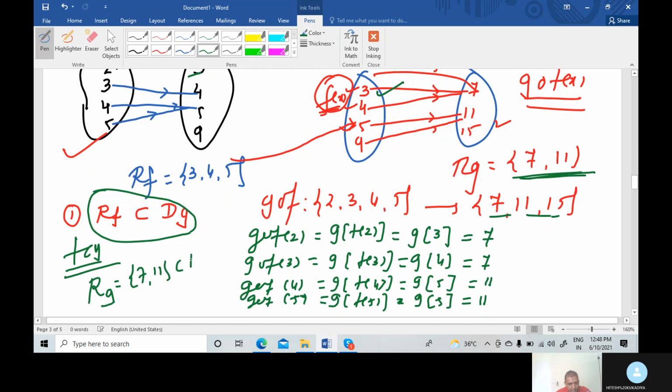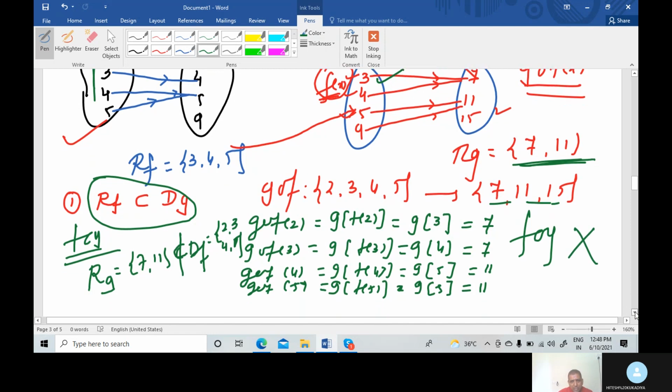Is it a subset of the domain of F? Domain of F is 2, 3, 4, 5. Here 7, 11 are not in the domain of F. So range of G is not a subset of domain of F. That means FOG is not possible.